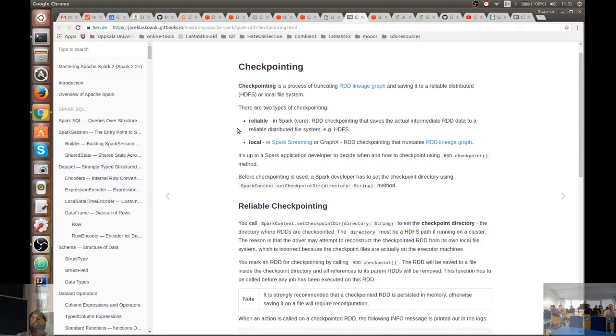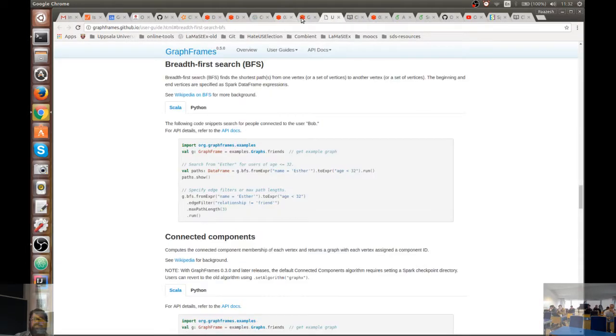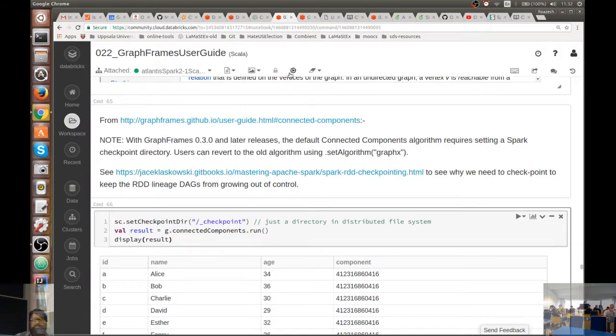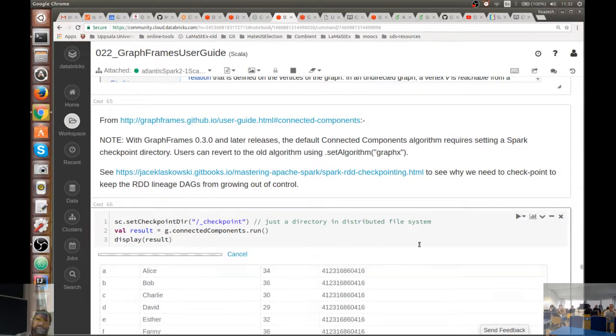These RDD lineage graphs, remember the recipe that ensures fault tolerance, can completely grow out of control. So you want to essentially use checkpointing to periodically keep it in check. For this, all we have to do from an implementation point of view is just provide a checkpoint directory. So set the checkpoint dir on the Spark context, and then you can run this.